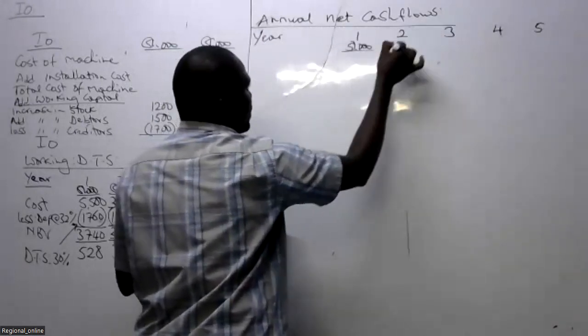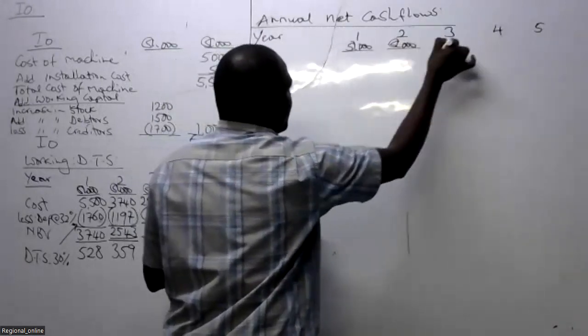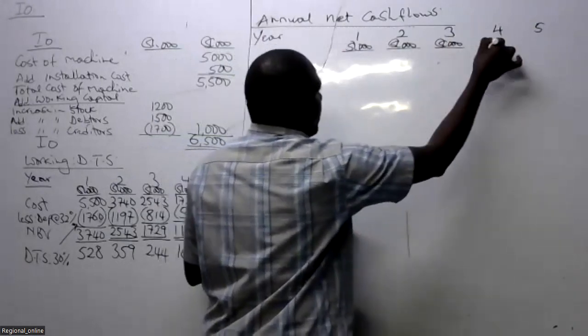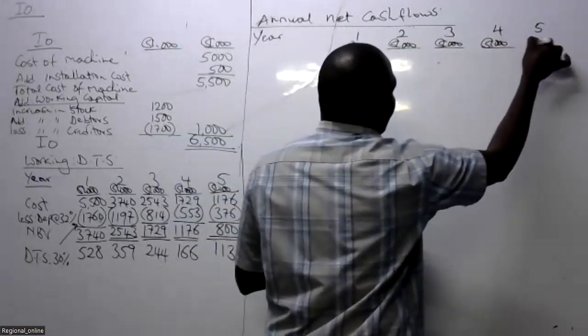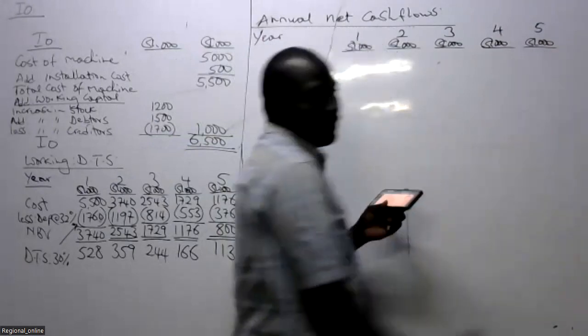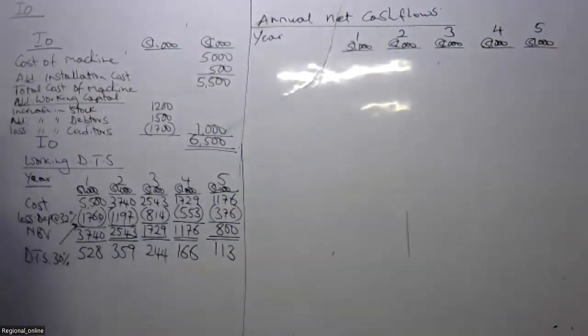The figures are in thousands of shillings. The amortization tax shield can be done here, if there is space. Leave some space.